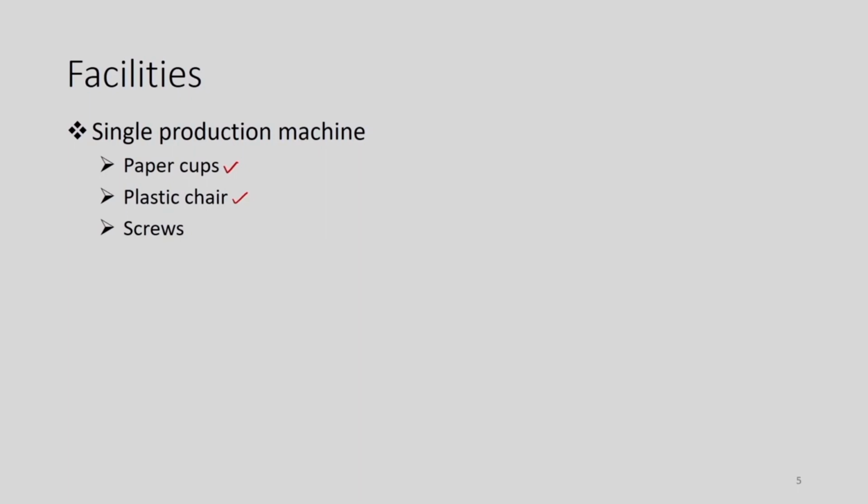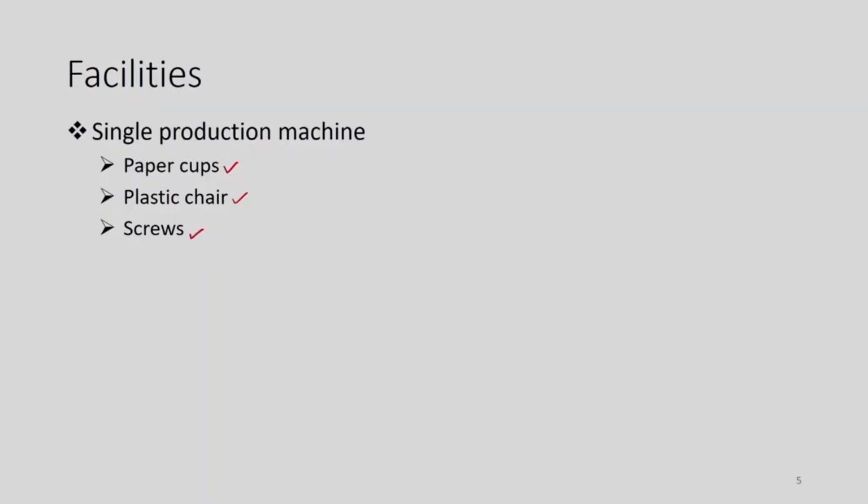So, a single unit will take the raw material inside, will produce the product, and that product can directly be inspected and given for the dispatch. So, that we call the single production machine. The third example as far as the single production machine is screw manufacturing.